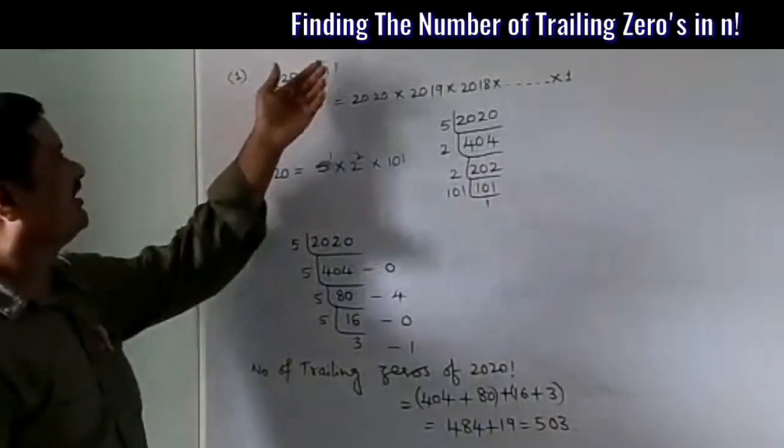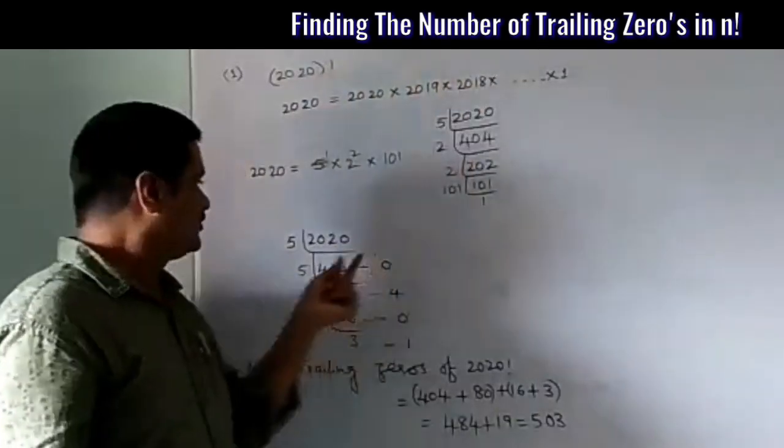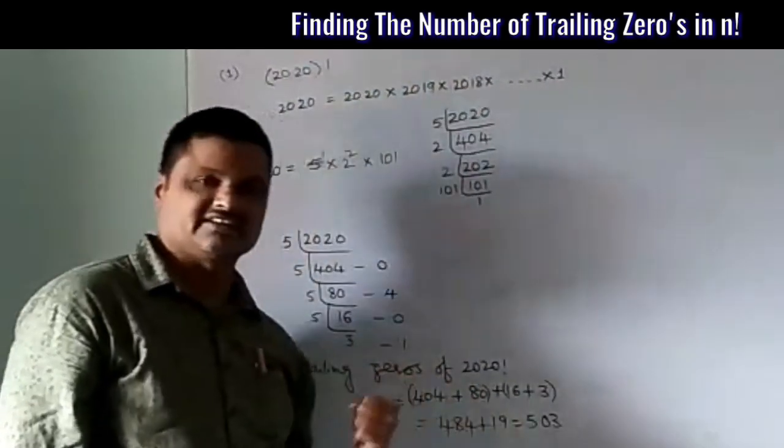Hence the number of trailing zeros for 2020 factorial is 503.